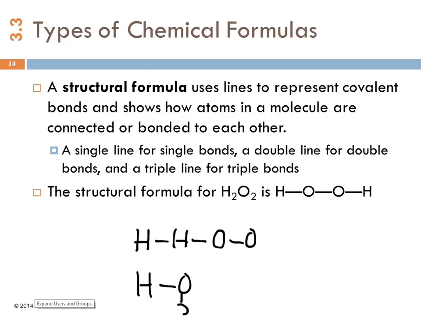Or there's all kinds of different combinations. Some of these don't exist, by the way. But there are, especially in the organic compounds, two compounds can have the same molecular formula but different structural formulas because the atoms can be put together differently. So the structural formula tells us how the atoms are connected. It also indicates whether there are single, double, or triple bonds.